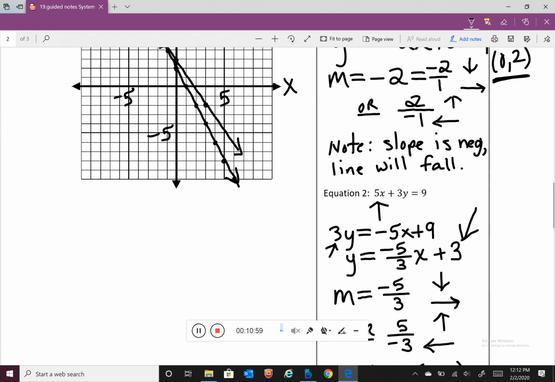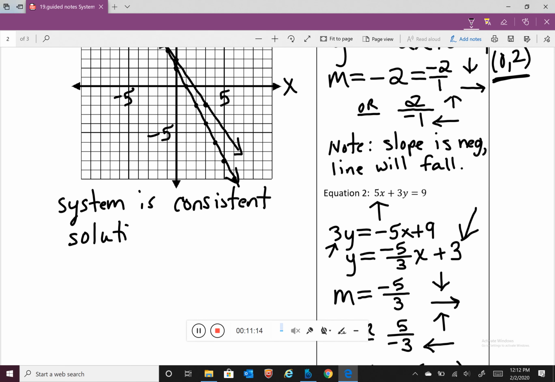We're going to recognize that the system is consistent because we have 1 point. System is consistent. 1 point. The solution is -3, 8, but we want to make sure that we graphed both equations correctly.